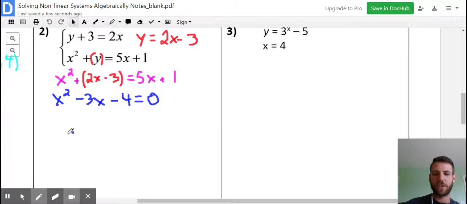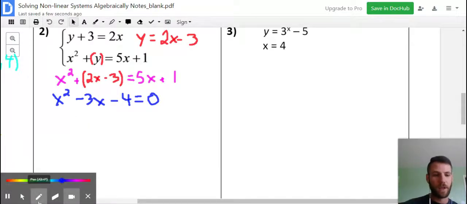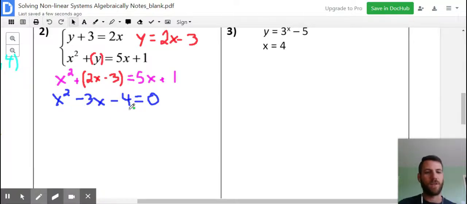Now, this is a pretty straightforward problem to factor, but you definitely can use quadratic formula. So let's just factor it really quick. The two numbers that add up to -3 and multiply to -4 are going to be -4 and +1.